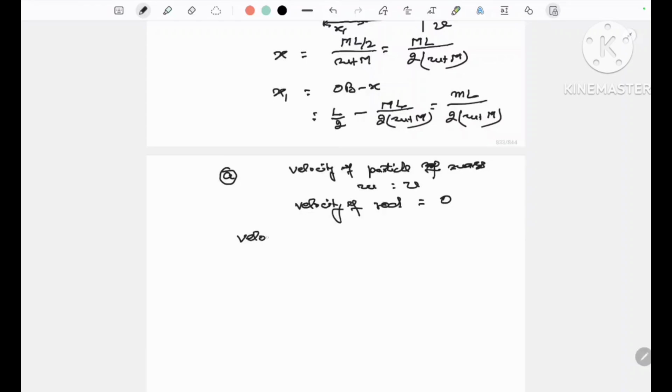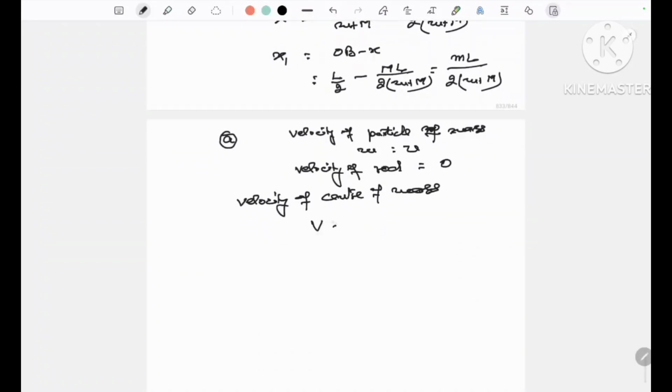So velocity of center of mass V is equal to m1 v1 plus m2 v2 upon m1 plus m2.